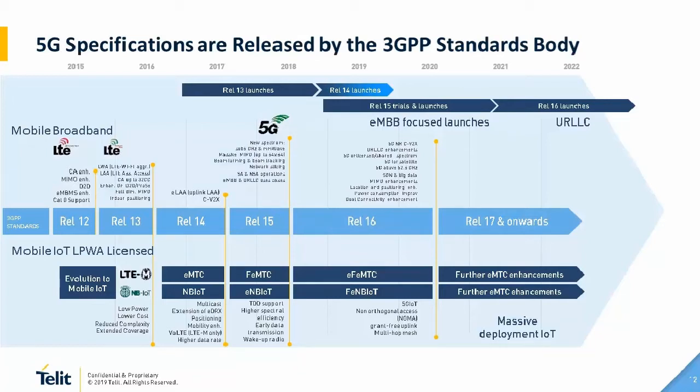And that's how the magic happens and works. So this is what Release 15 does. There are already chipsets available. Telit has the module family that we talked about, the FN980 family, which is based on Release 15.